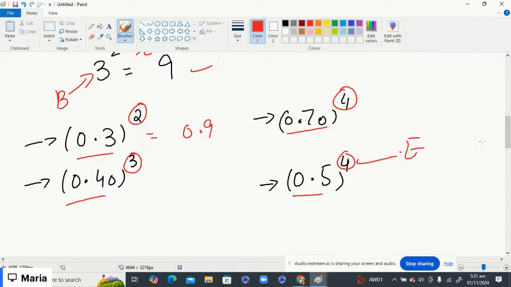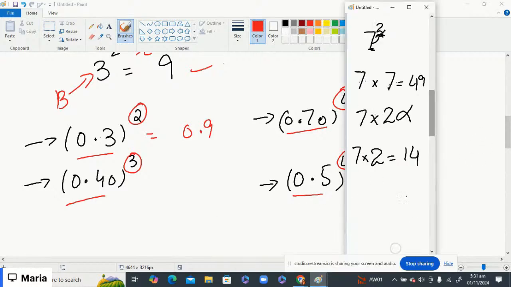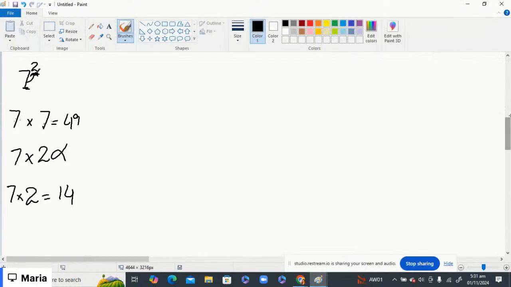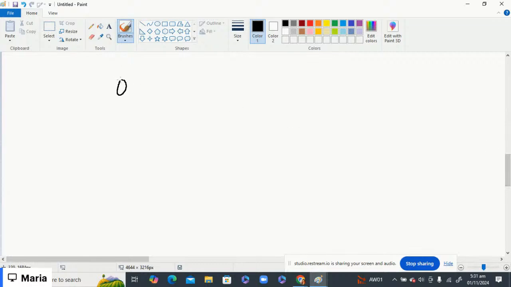For example, let's do all the questions one by one. So here it's 0.7 whole power 3, 0.2 whole power 3. Now you guys tell me, how can we multiply?